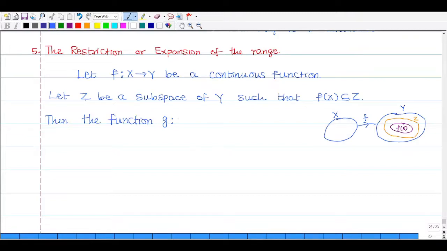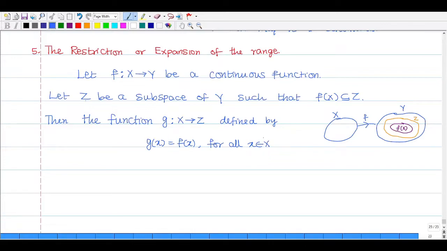It is a function from X to Z defined by g of x equal to f of x for all x belongs to capital X.